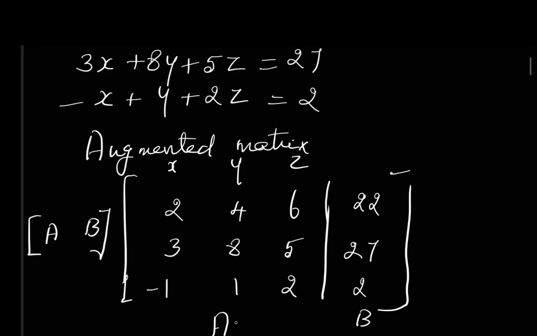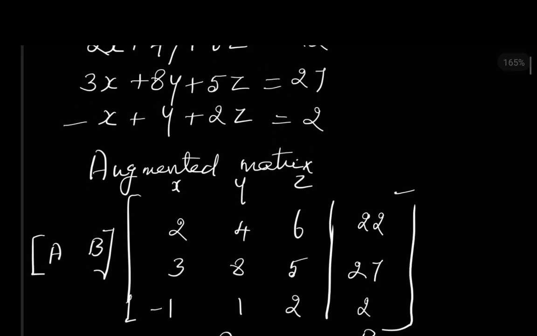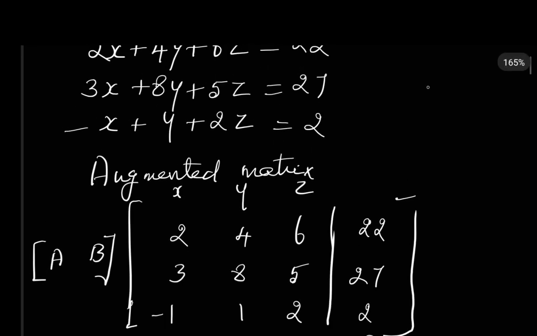Now we are going to bring this A matrix into echelon form. In the echelon form, the first row, the first entry should be 1. Below this 1, the column must have the other 2 entries as 0.